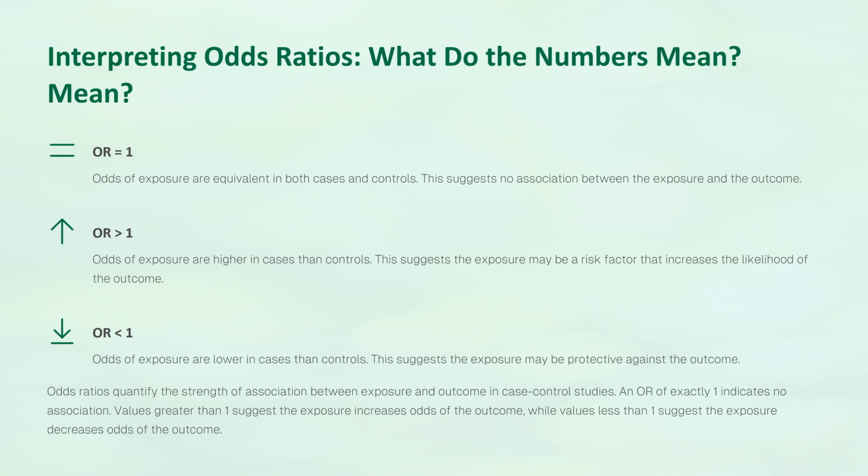If it's greater than 1, the odds of exposure are higher in the cases than controls. So this suggests exposure may be a risk factor that increases the likelihood of the outcome, while odds of exposure are lower in cases than controls when the odds ratio is less than 1. So this suggests that the exposure may be protective against the outcome.